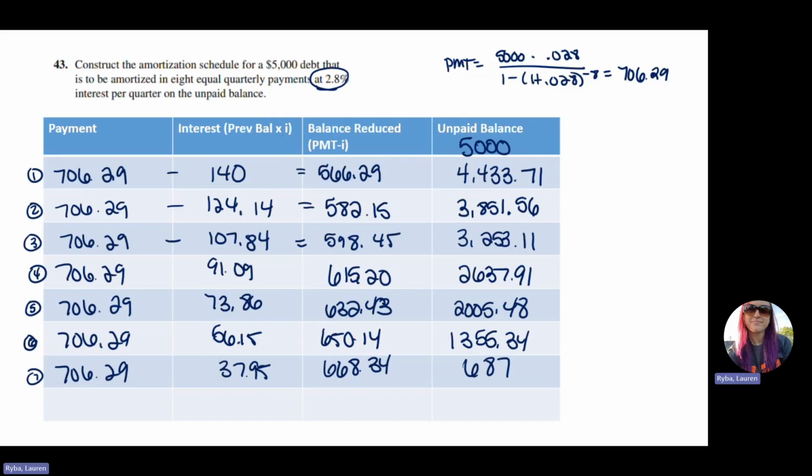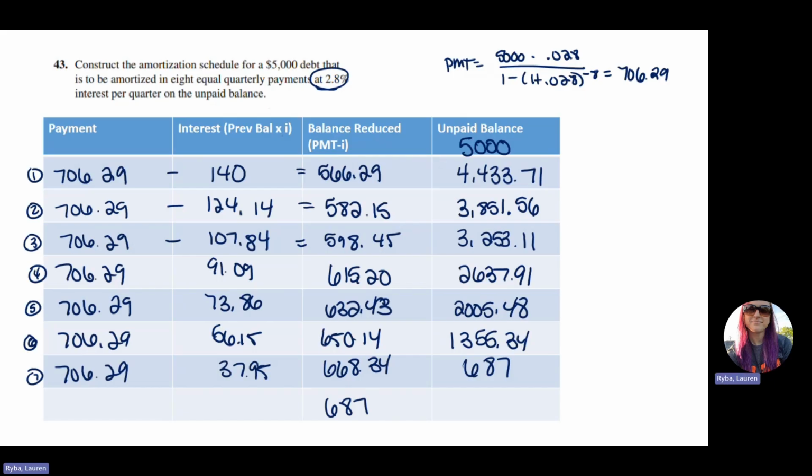Anytime you have a loan, your last payment is usually just a little different than what you've been paying every month. So the question is, how do I determine that? Well, we want, in the end, to pay off the full $687 balance.